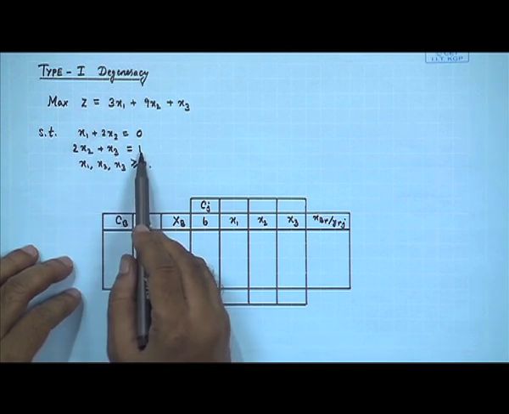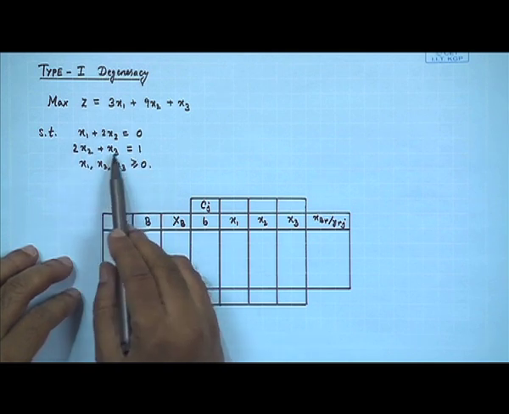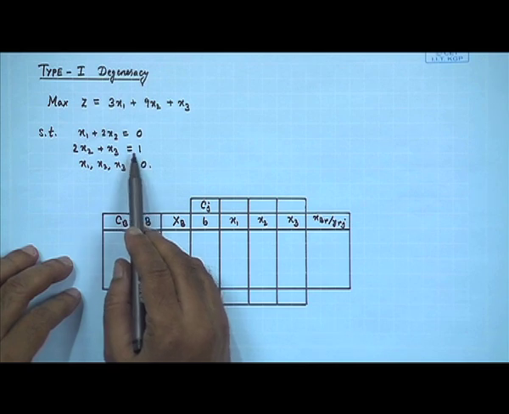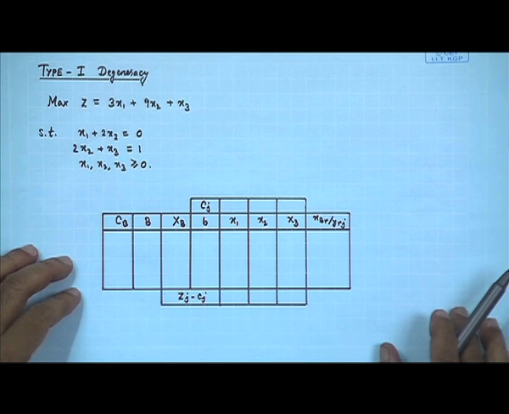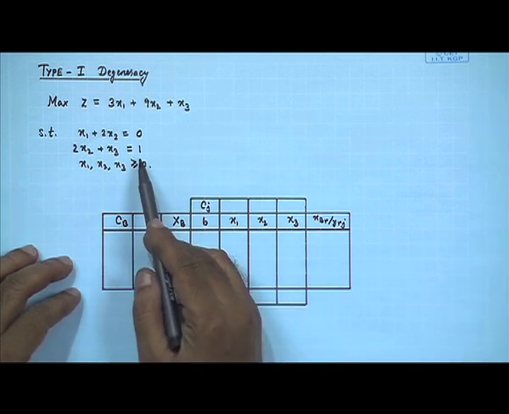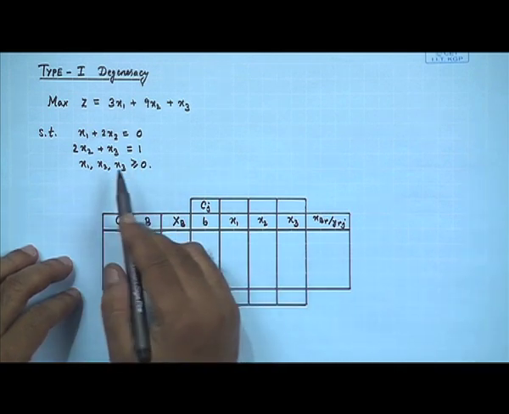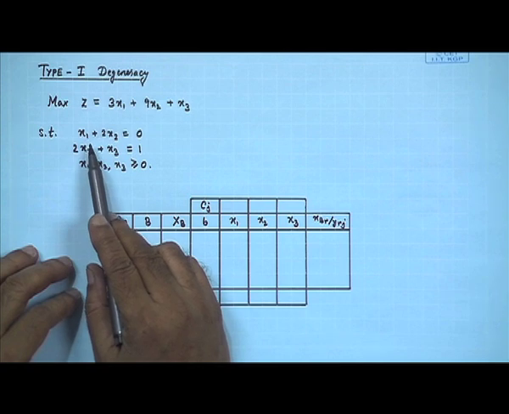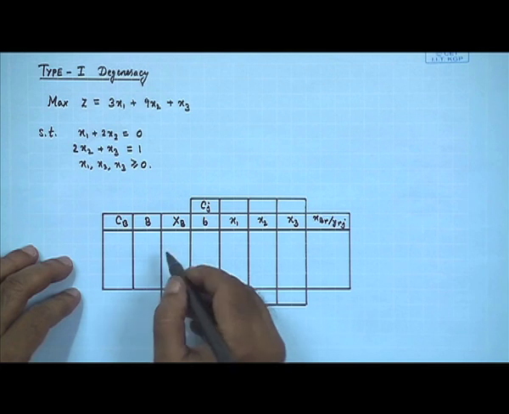So, that solution basis you will get, your basis will be x1 equals 0 and x3 equals 1, and which will form one unit vector, 1 0 0 1. So, for this case I do not need any artificial variable over here, and in the basis the basic variables will be x1 and x3.